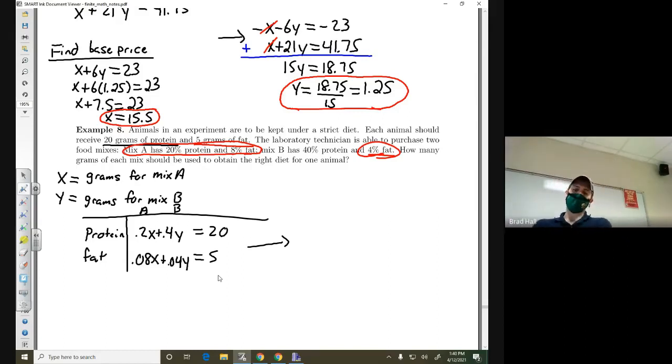The question is, what would we multiply to one of these two equations such that we can use the addition method immediately? What can we multiply to either one of these two equations such that we can use the addition method? Does anyone happen to see anything?